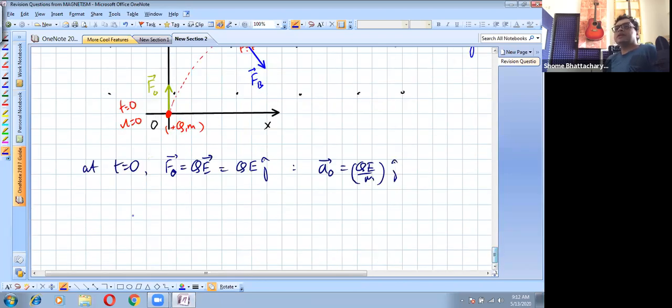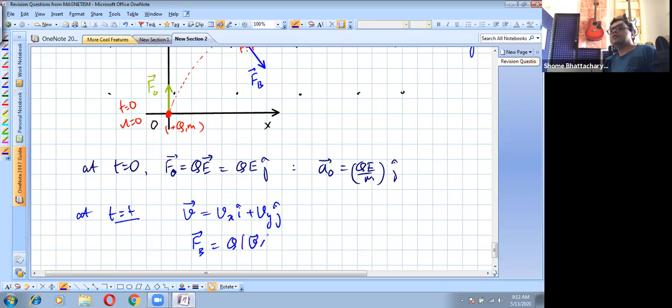So that is how the analysis works out, that suppose at time t equal to t, the velocity vector is some Vx i cap plus Vy j cap. Then the magnetic force acting on it becomes Q V cross B. So you can see that that magnetic force will become QB into Vy j cap minus Vx i cap.